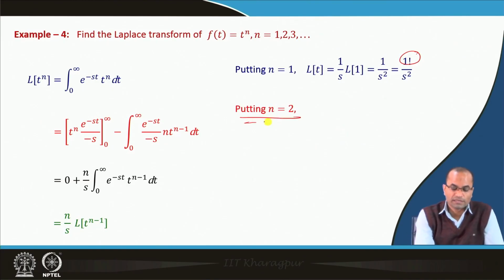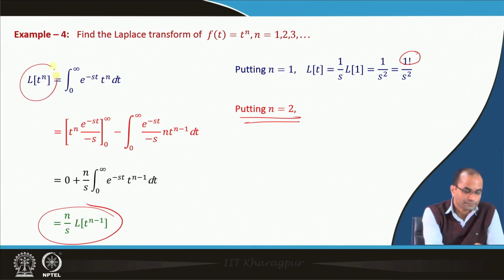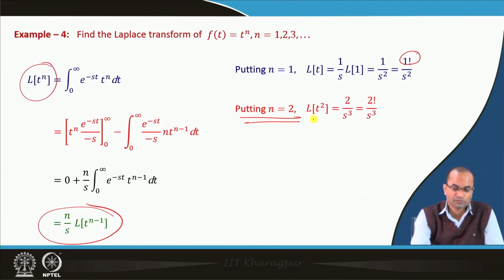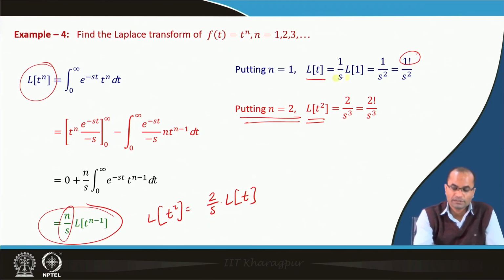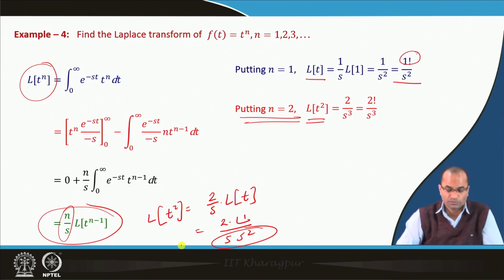So, when we put n equal to 2 in this relation, the Laplace of t square will be 2 over s times the Laplace of t. The Laplace of t we got already, factorial 1 over s square, so this will become s cube.